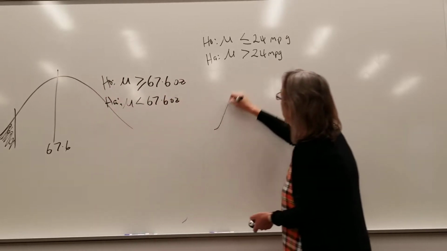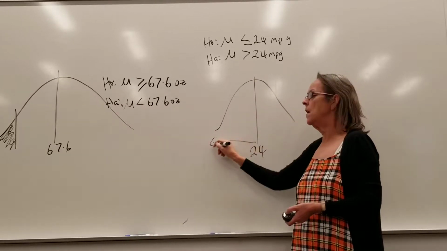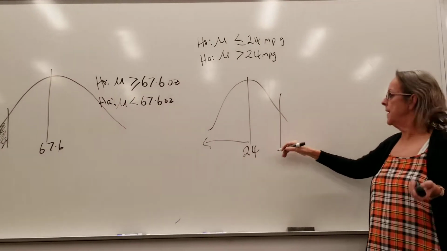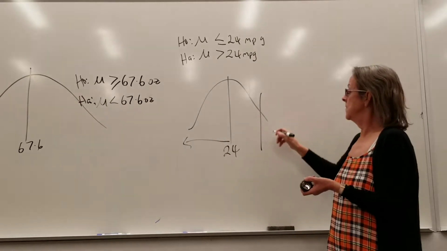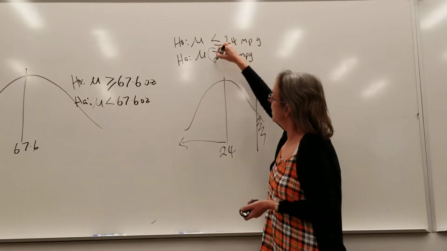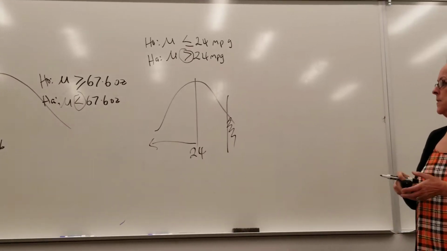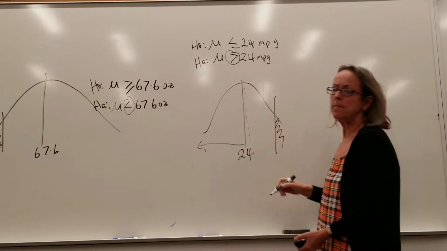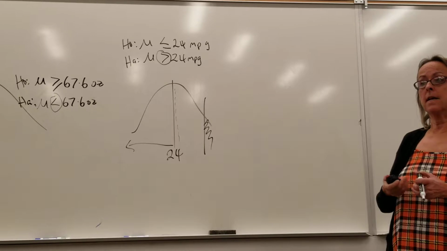So if we're testing 24 miles per gallon or lower, the only way I can prove them wrong is if I get 27 miles per gallon, for example, correct? So this is a right or an upper tail test. Again, it's the way the arrow is pointing in the alternative hypothesis. If I got 25.01, I probably won't have enough evidence to reject the null hypothesis.